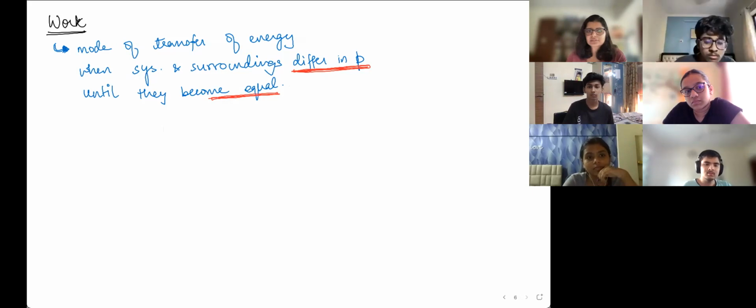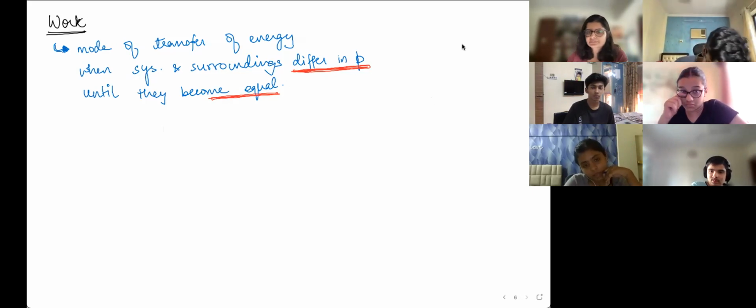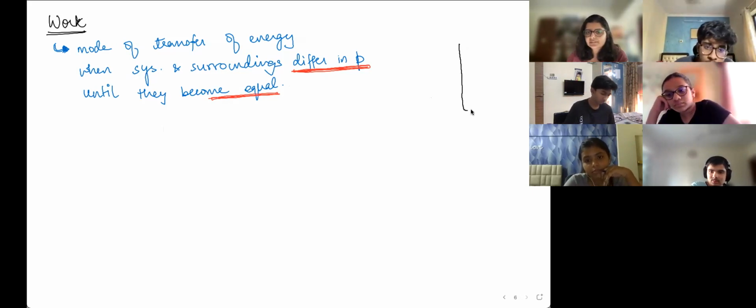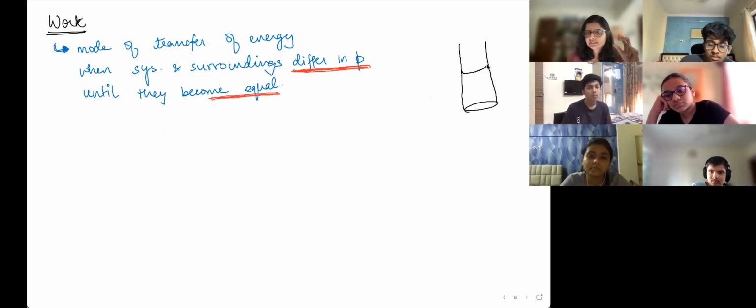In simple terms again, since we're talking about pressure, let's get back to a piston system. Let's say we have a cylinder, imagine your injection cylinder. You have a piston that is movable. Inside, the system has a pressure P, and the surroundings are at another pressure, let's say P dash.